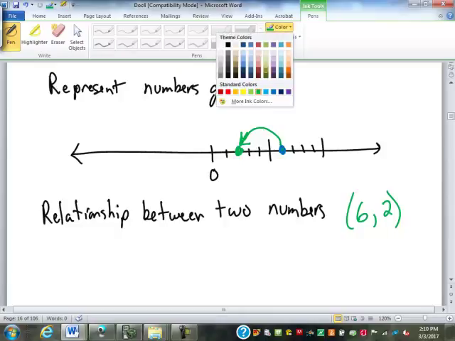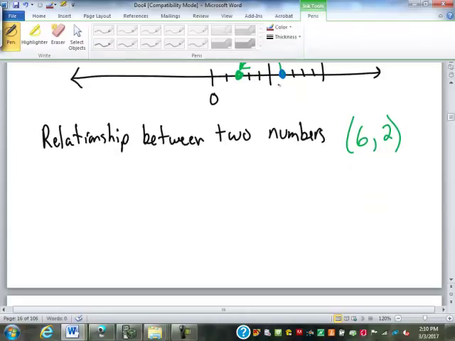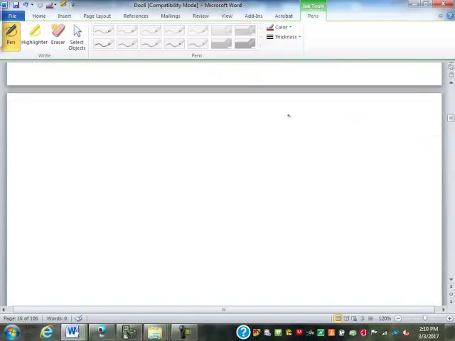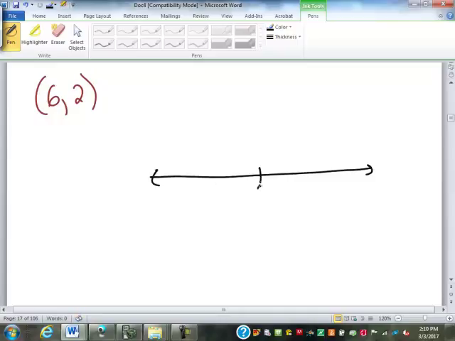So a couple thousand years ago, a man by the name of Rene Descartes came up with an idea. And his idea was just this. If I want to represent two numbers and the relationship between them, I'm going to use a number line to represent one of the numbers, but then I'm going to use a second number line for the second number.